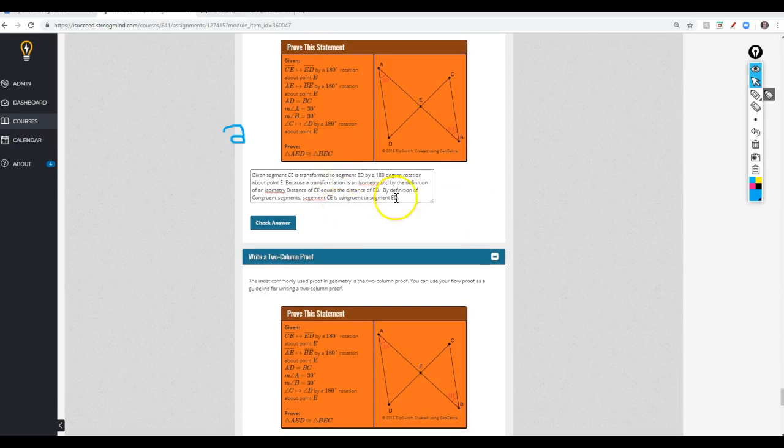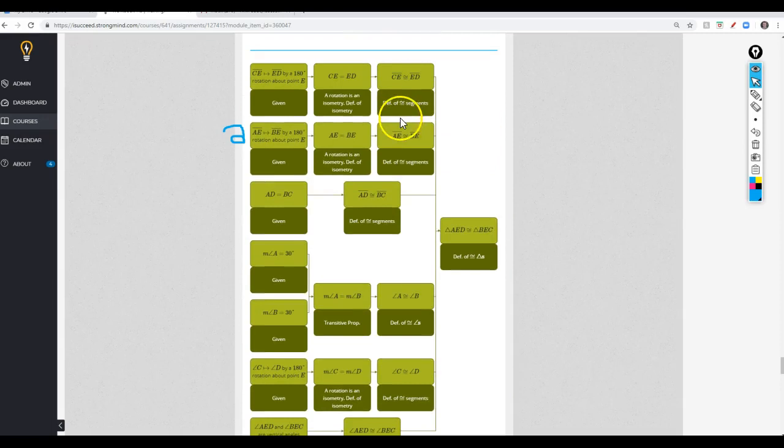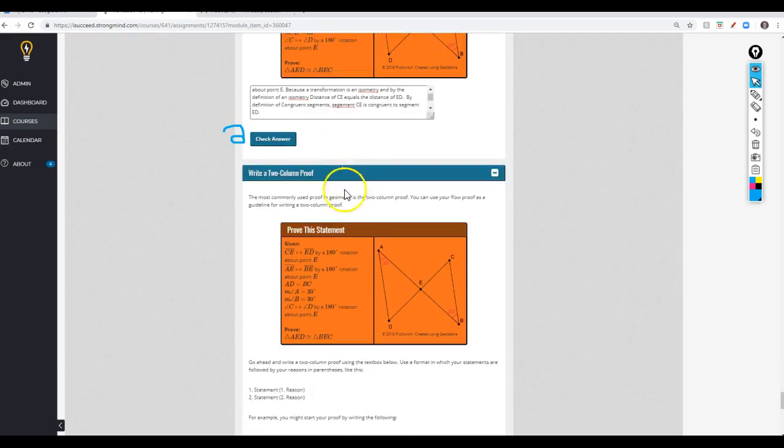I'm going to just copy this and paste it because it's the same setup as the first one. Notice that it's the same reasons given. It's the exact same setup, so that's why I'm copying it. Now I'm just going to change it to segment AE and segment BE about point E.